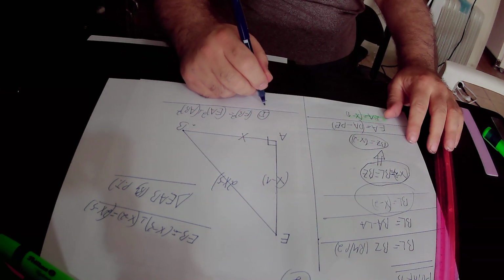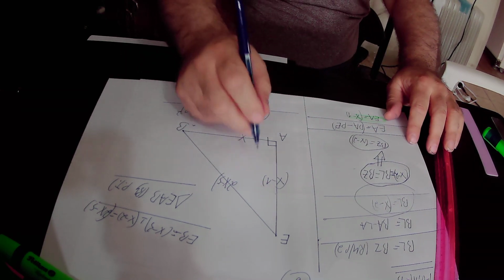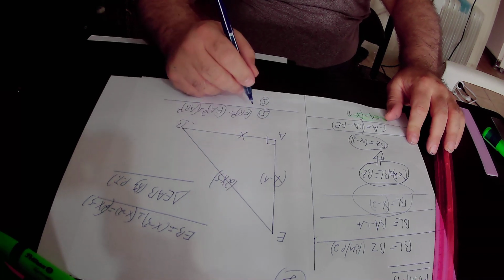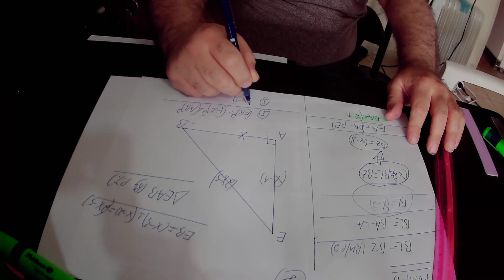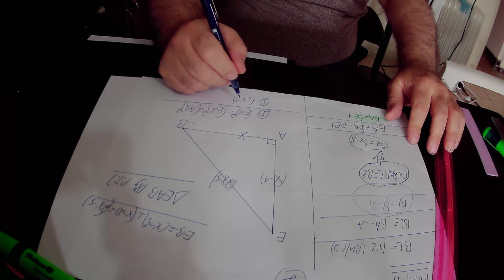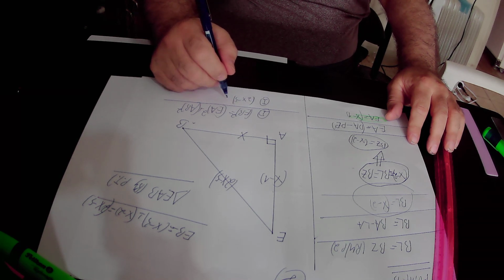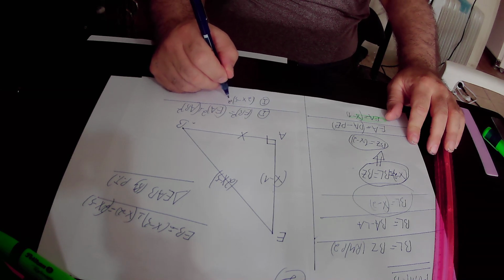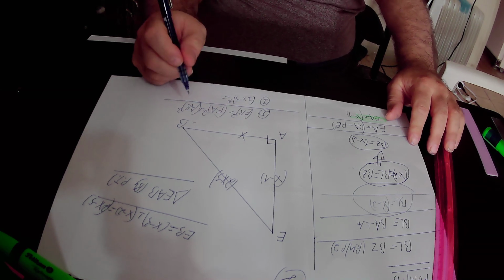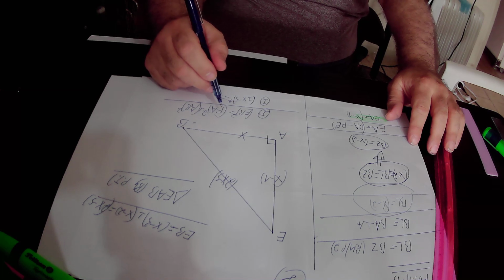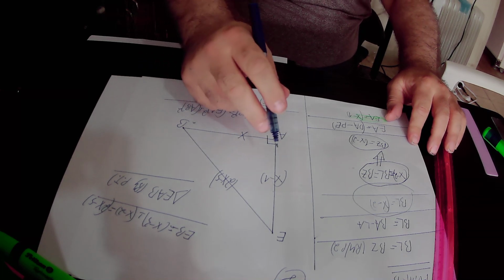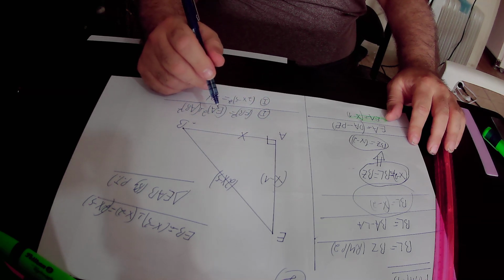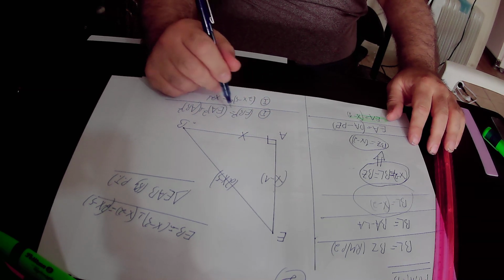So here the hypotenuse EB equals 2x minus 5, so we substitute EB by 2x minus 5. If EB equals 2x minus 5, then EB squared will be equal to (2x minus 5) squared. That is equal to AB squared plus EA squared.